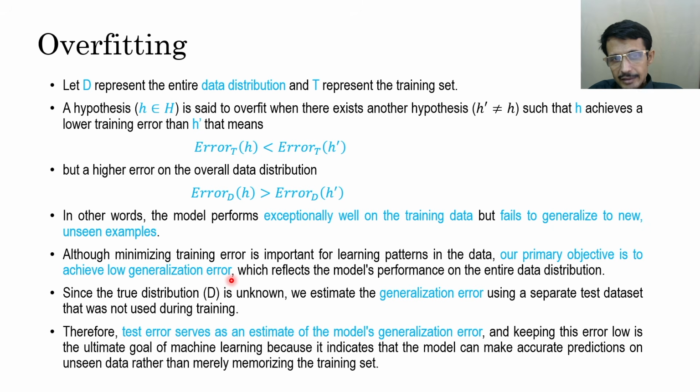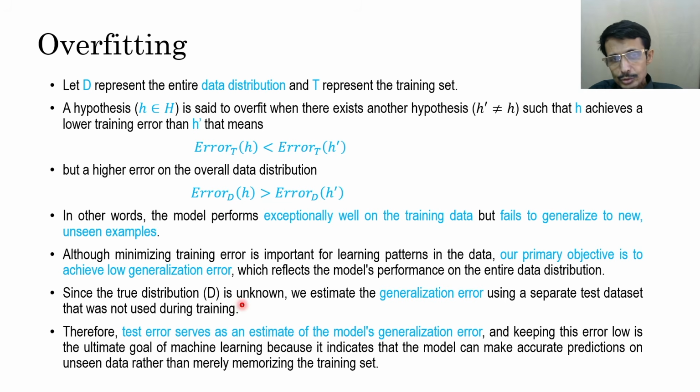That means our model should not only perform well on the training data, but its capability should also reflect on the entire data distribution. So generalization means that it learns in general the actual data distribution, that is D.